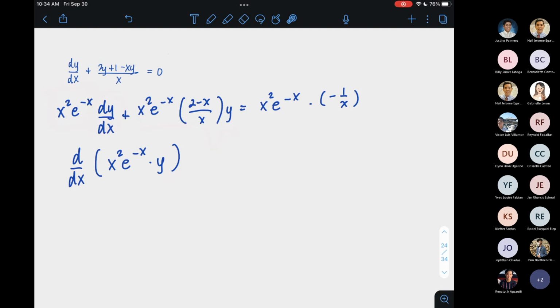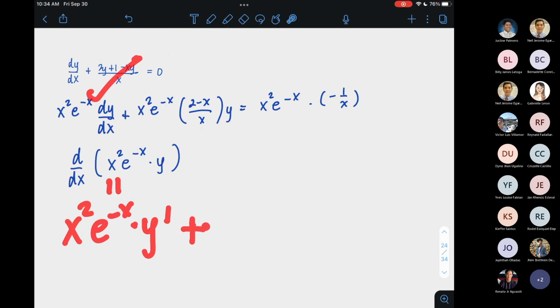Ito na lang yung problema natin. Dapat ito ay maging equal sa y times the derivative of the integrating factor. Kung gusto nyo i-check, well, expand nyo lang to. Ito ay x squared e to the minus x times y prime. Okay, nakuha natin yung first term. Tapos yung second term ay plus. Okay, derivative ng x squared e to the minus x, kailangan ko mag-product rule.